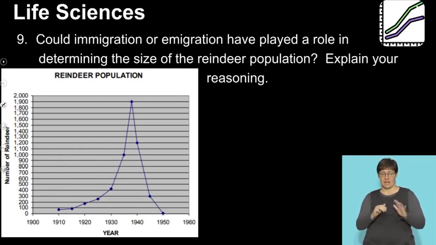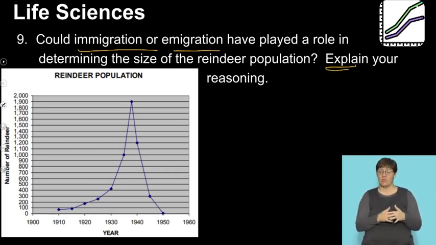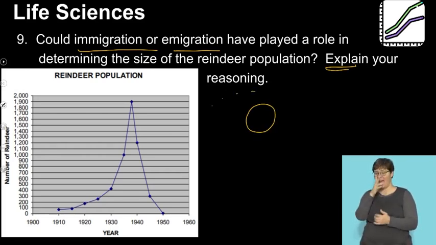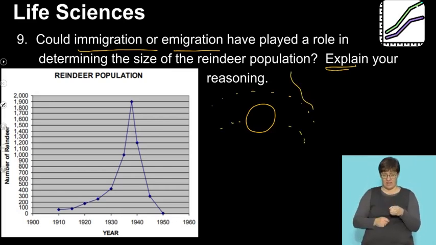Number 9, could immigration or emigration have played a role in determining the size of this population? And explain your reasoning. Well, remember, in the beginning, you were told that St. Paul's is an island, and there's sea all around. And then there is the mainland of Alaska.